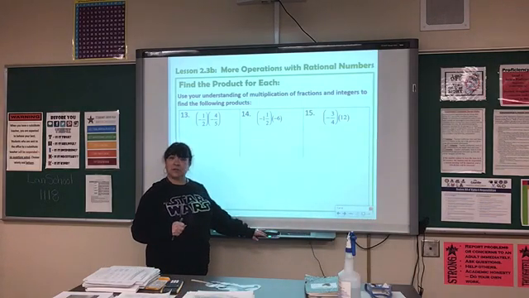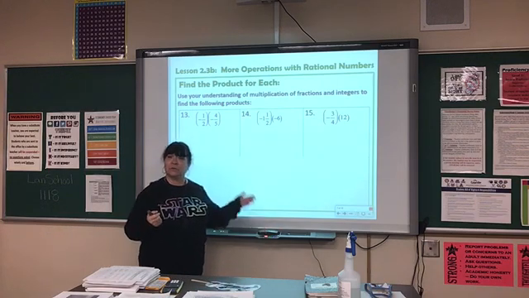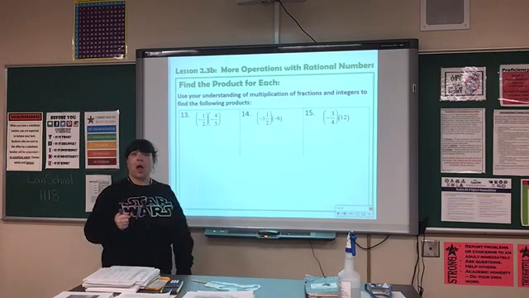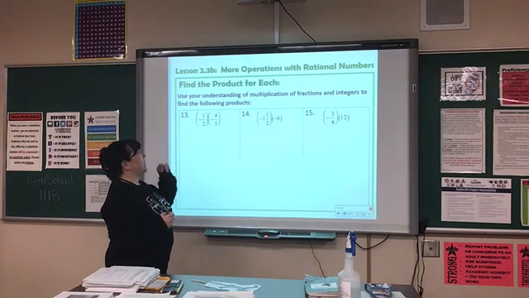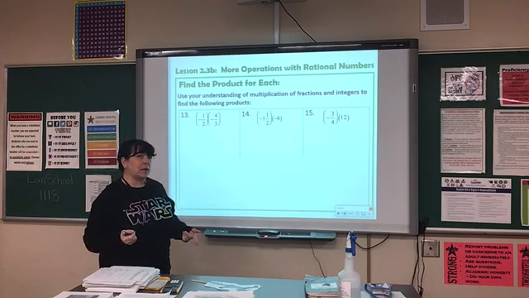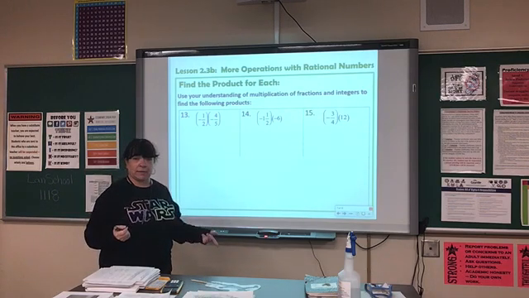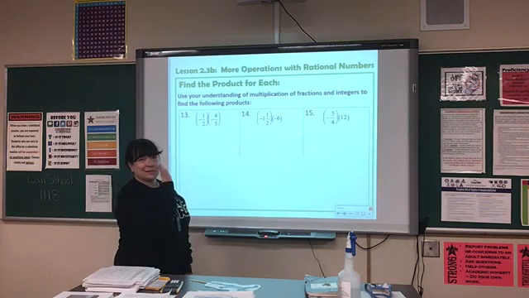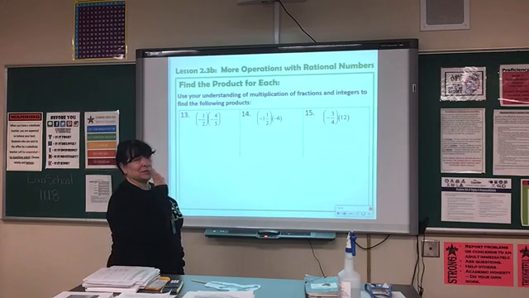We are going to look at these two fractions right here. I have -1/2 times -4/5. Now remember, Miss Mackey talked to you about we don't always use a raised dot. Sometimes we use parentheses. And you're going to see parentheses around fractions more than you will the raised dot.